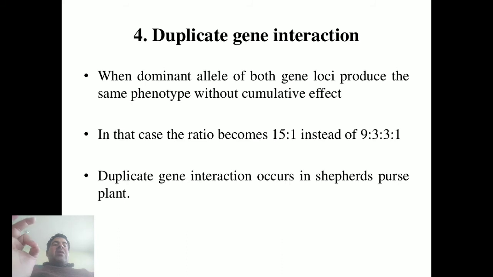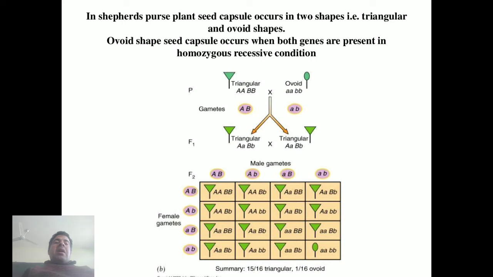Duplicate gene interaction occurs in the Shepherd's purse plant. In Shepherd's purse, the seed capsule occurs in two shapes, triangular and ovoid. Ovoid shape seed capsule occurs when both genes are present in homozygous recessive condition. You may see here triangular, ovoid.